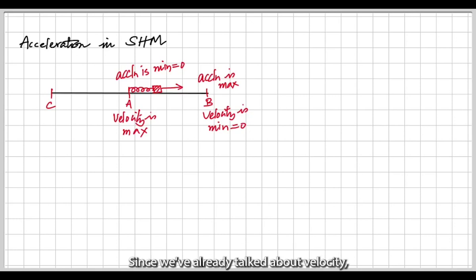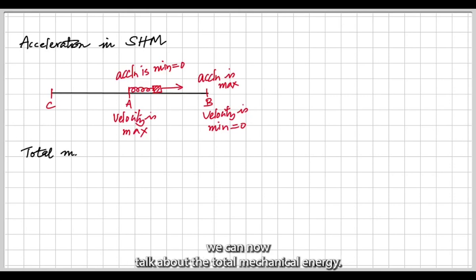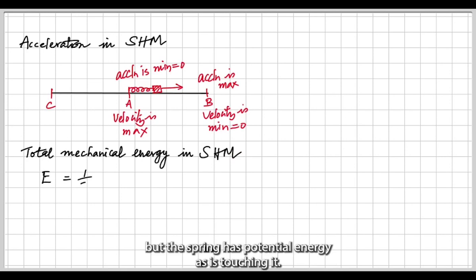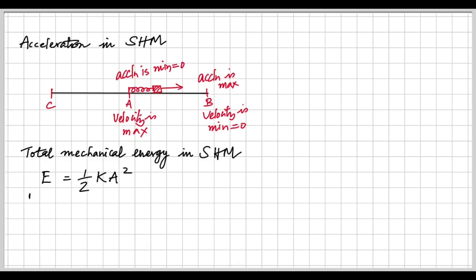Since we have already talked about velocity, we can now talk about the total mechanical energy. We know that there are two parts. The moving mass has kinetic energy, but the spring has potential energy because you're stretching it.